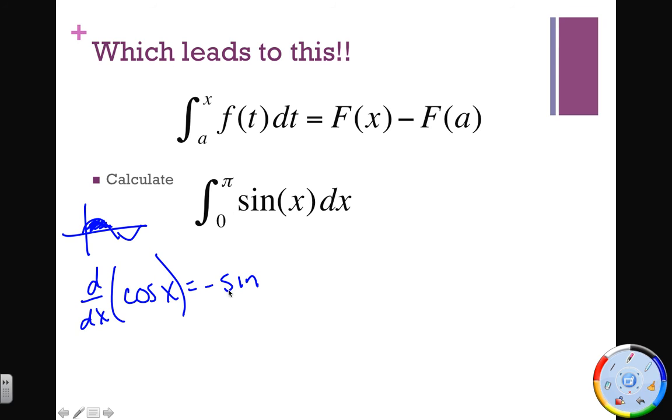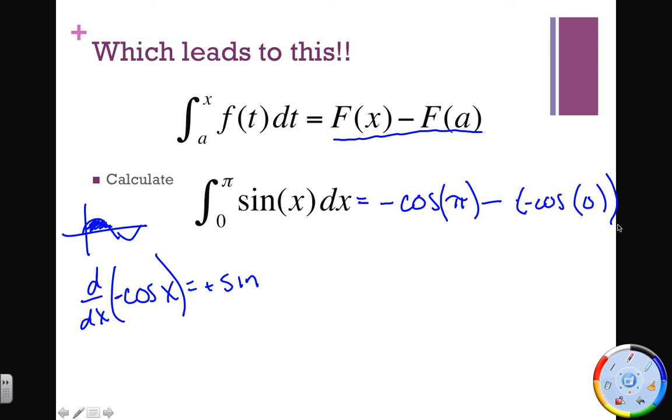But I don't want negative sine, I want positive sine. So I should probably take the derivative of negative cosine. So this is going to be the negative cosine of x. Well, that's the top number, so it's pi, minus negative cosine of the bottom number, which was 0.